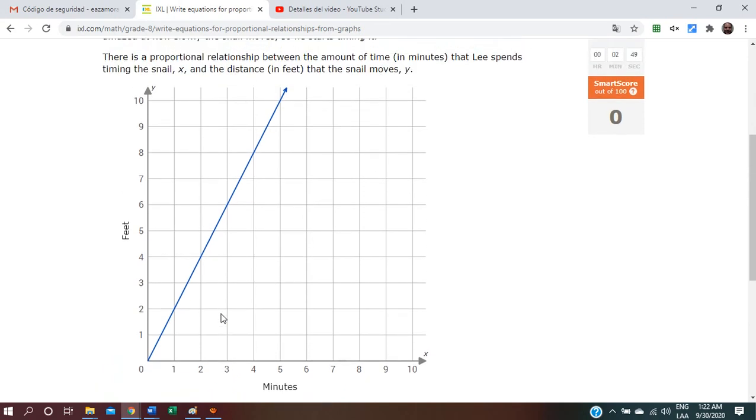So remember what we did in the previous activity. First we needed to get a constant of proportionality. To do that, we follow the blue line. When we get to an exact point, we just divide y by x. So 2 divided by 1 equals 2.